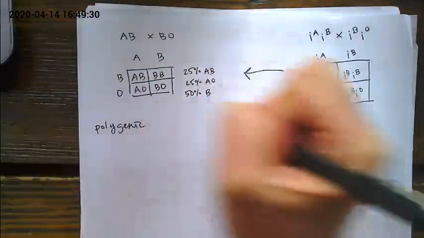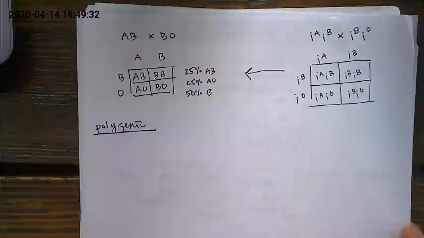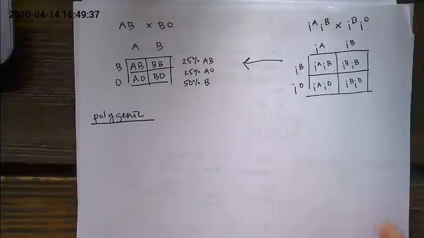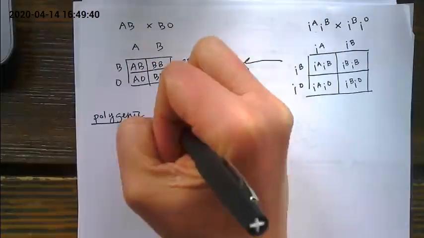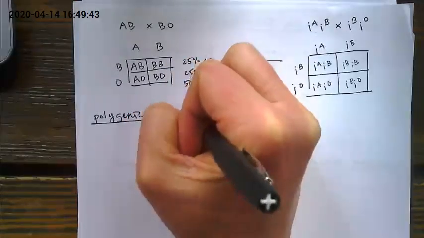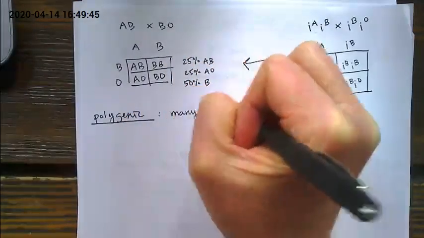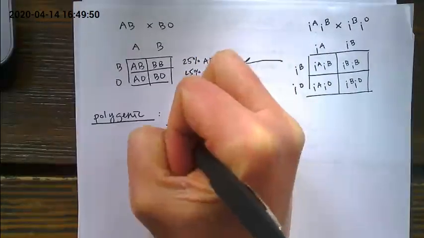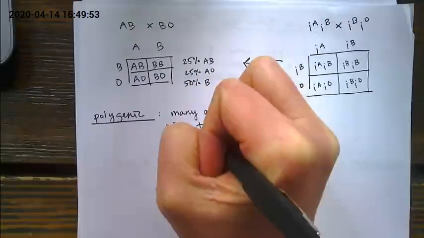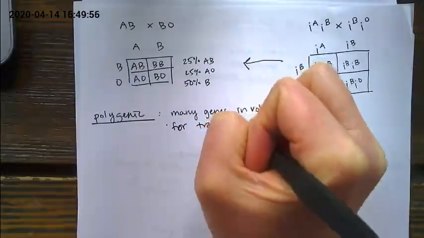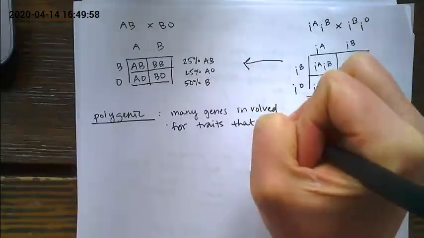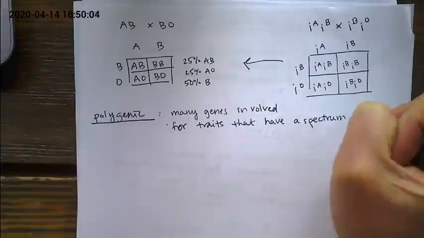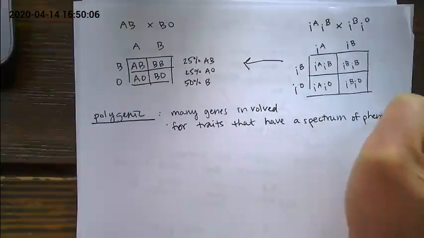Polygenic. Polygenic is the God's honest truth for most of our traits. So polygenic just means many genes involved. This is for traits that have a spectrum of phenotypes.